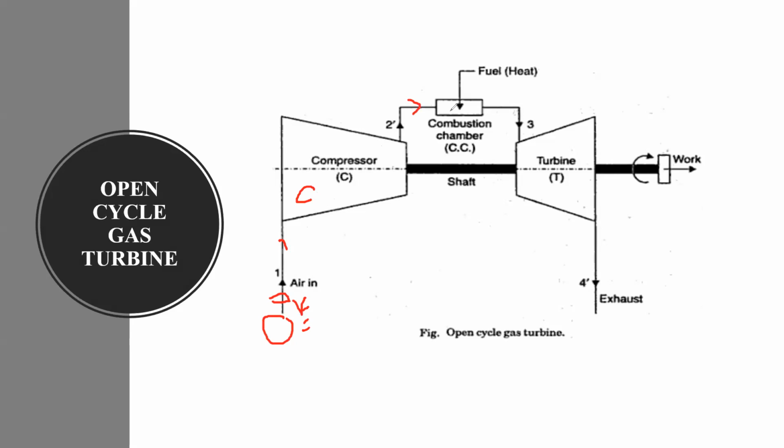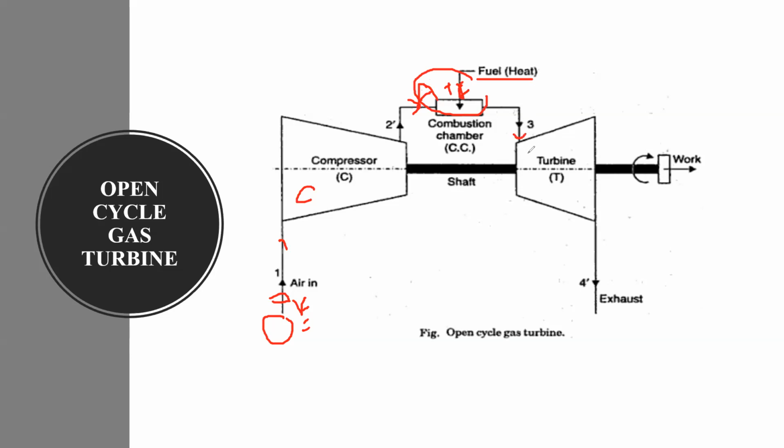Again, this combustion chamber has a very important role. It combines this air plus external fuel. Here we use external fuel. After combustion of these two, air plus fuel, the combustion chamber acts on these two elements and it is injected into the turbine.